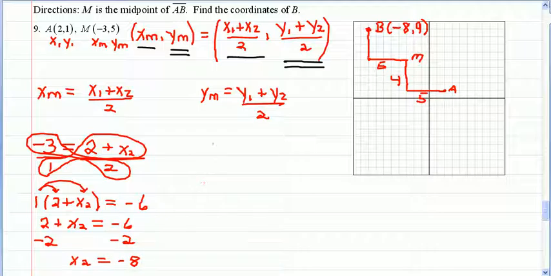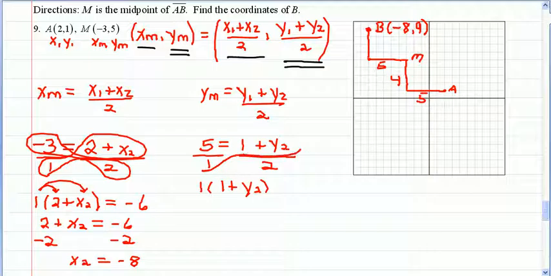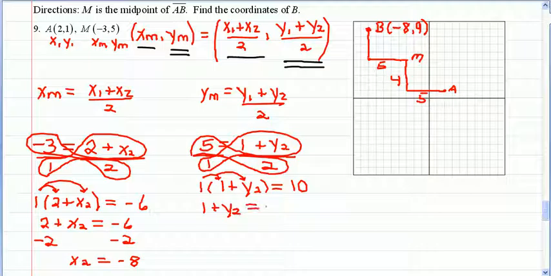So now I do the same thing for y. Y sub m is 5, y sub 1 is 1. I'm solving for y sub 2, so I put the 5 over 1 and cross multiply. 1 times 1 plus y sub 2 is this product, and then I take this product, distribute the 1. 1 plus y sub 2 equals 10.